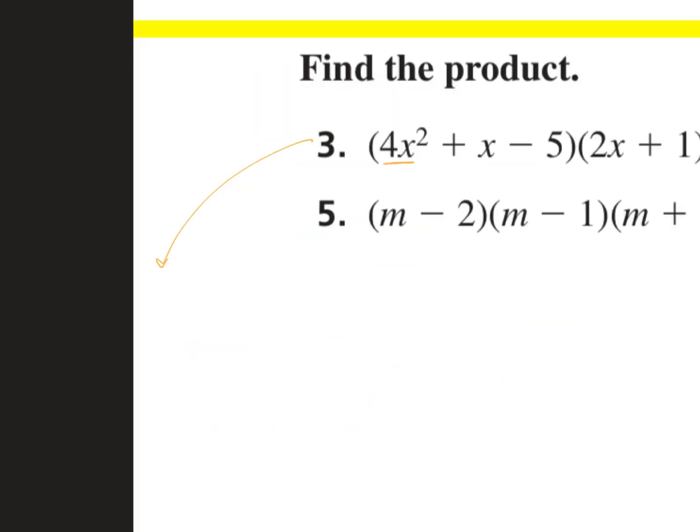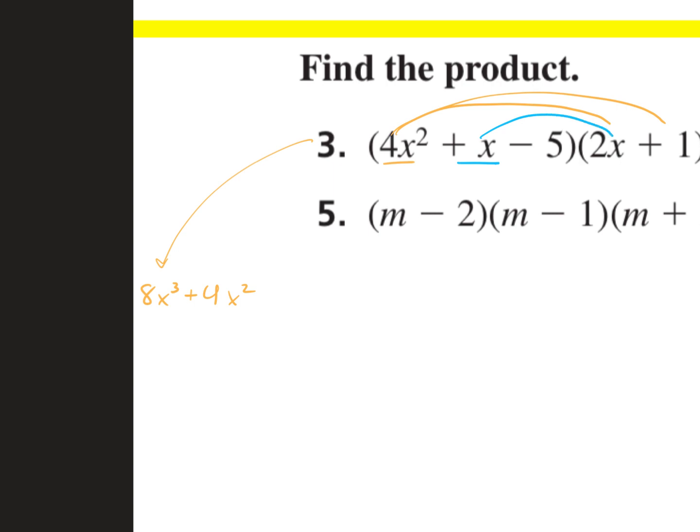We're going to start with the 4x squared, and that gets multiplied to both things in the second parentheses. So what's 4x squared times 2x? 8x to the third power. What's 4x squared times 1? 4x squared. Then let's move on to x.